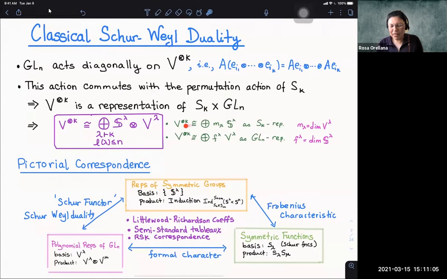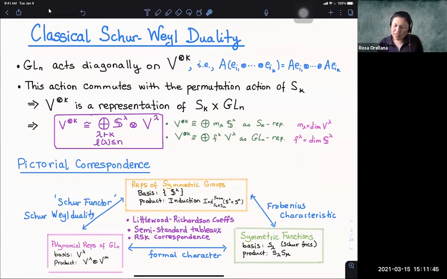Basically what this tells you is that if I want to decompose this just as a representation of the symmetric group, the coefficients here are going to be the dimensions of the representations in here. And if I want to decompose this as a GLn representation, then what I get as multiplicities here are the dimensions of the representations of this. It gives you this very nice duality.